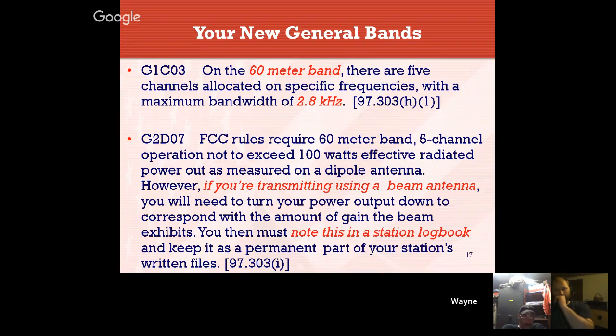So, really, to stay within the designated power limits according to the rules, you want to make sure that whatever gain antenna you use is offset by reducing the power on your transmitter inside where your station is. We kind of covered a little bit about 3 dB, 6 dB, and stuff like that, the gain equivalents, back in the technician class.